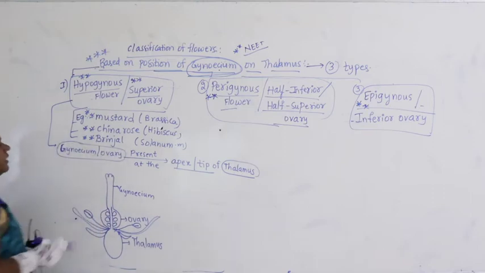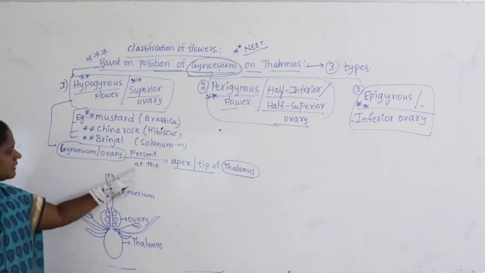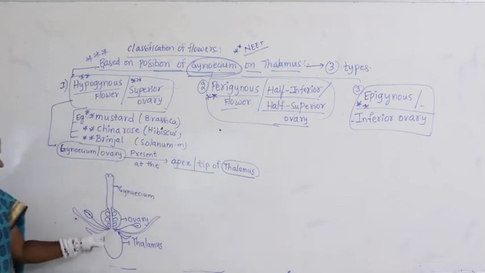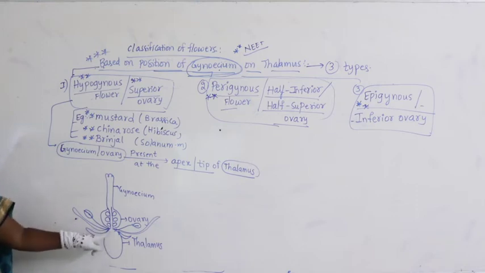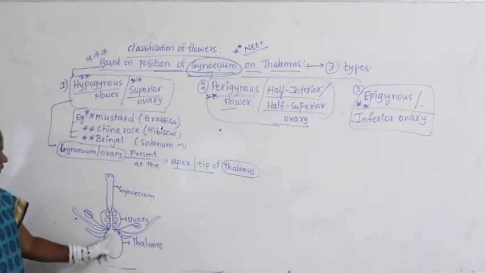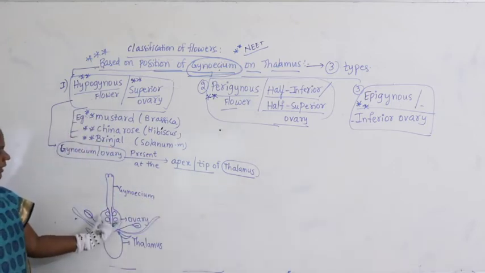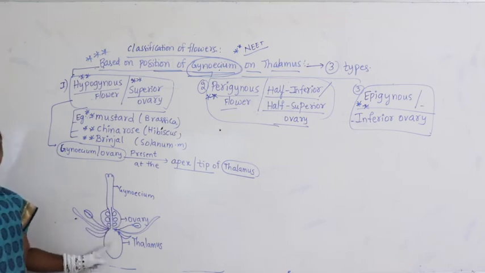Gynoecium or ovary. Where is it present? At the apex. Apex means tip. This total part is thalamus. At the tip of the thalamus the ovary is located. The position of the ovary is at the tip of the thalamus.